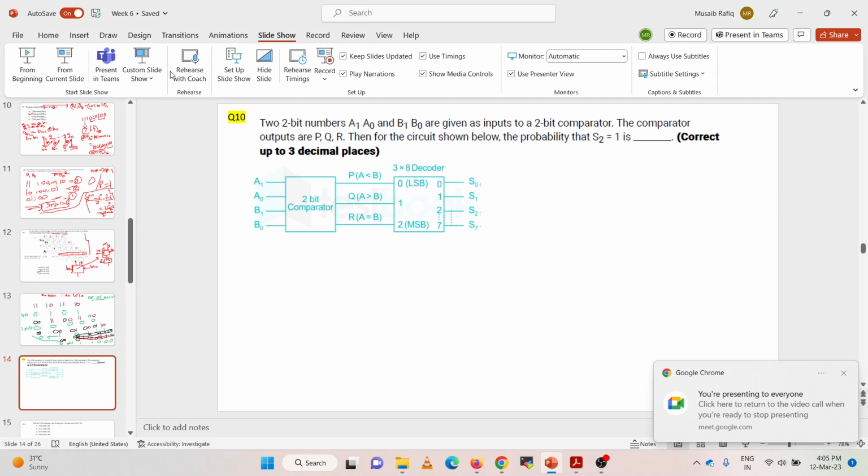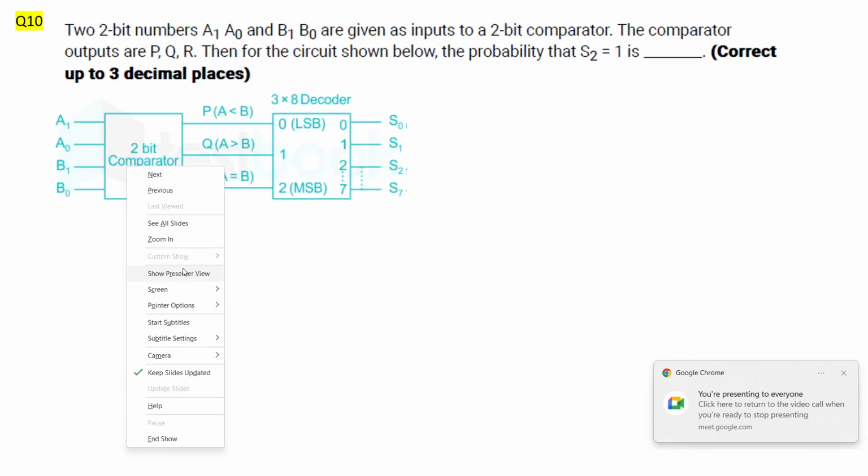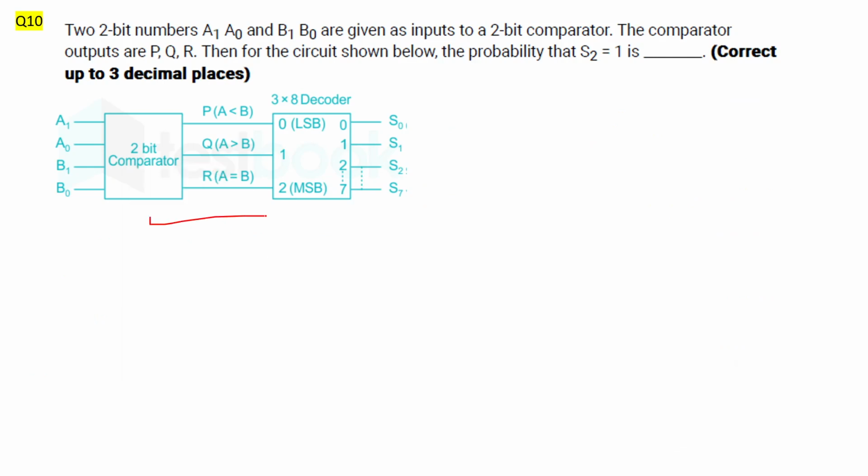So these are the outputs of a comparator, right? This thing is pretty trivial and there is nothing new. Then these three outputs are given to a 3:8 decoder, right? And its outputs I have 8 bits from S0 to S7, right?